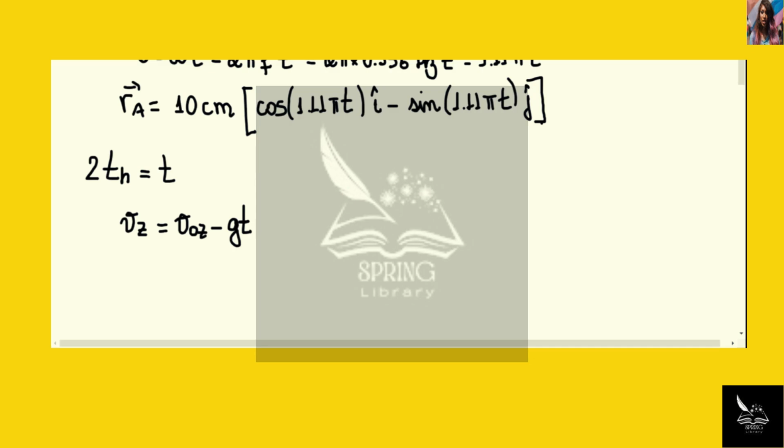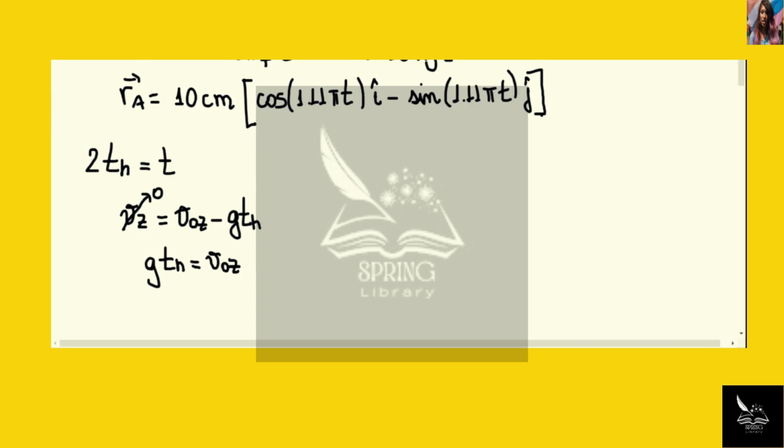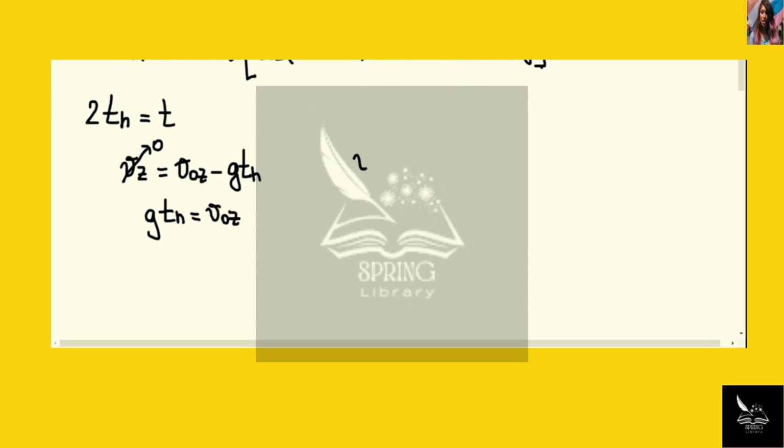When the flea is at its maximum height, Vz is 0 and t is th. So g th is equal to v0z. And also from Torricelli's formula, we have that vz squared is equal to v0z squared minus 2g times delta z.